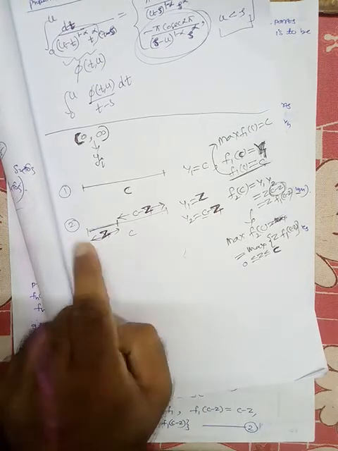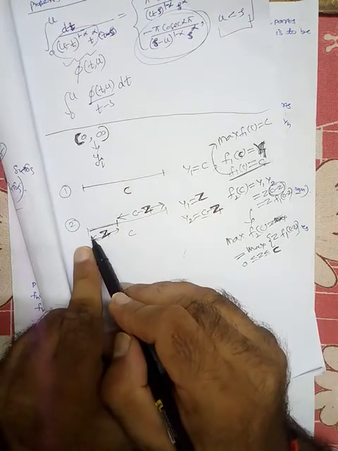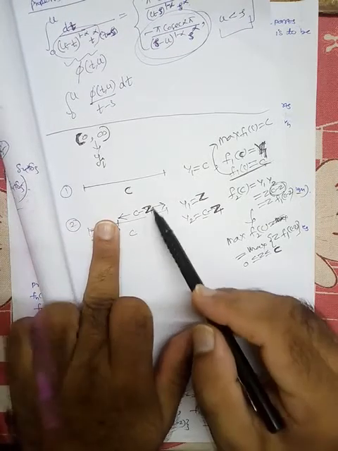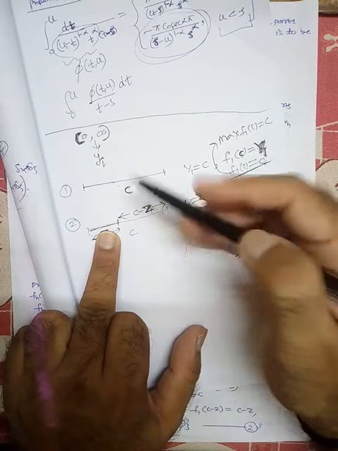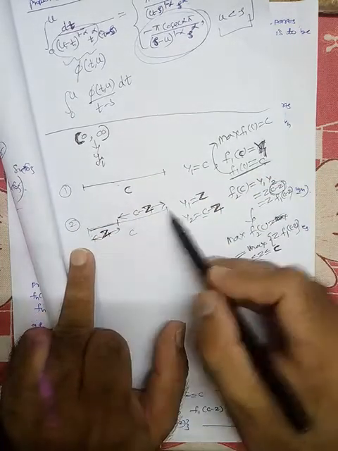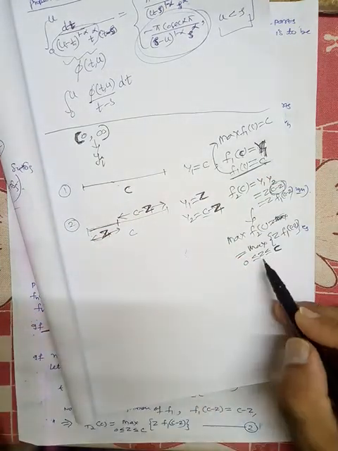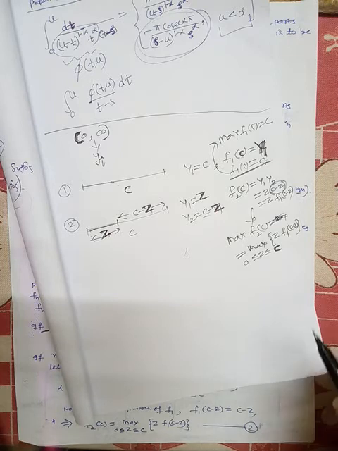If z is 0, then we take this case as the same as the first case. But if z is any value from here to here, that's why z varies from 0 to C.